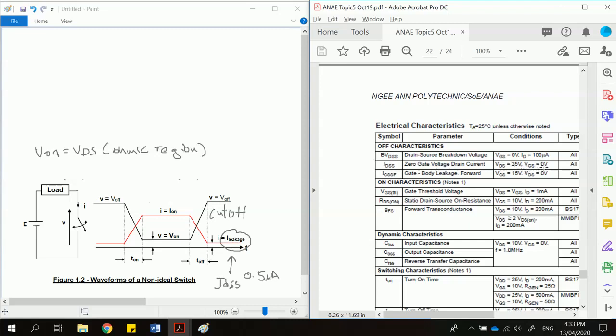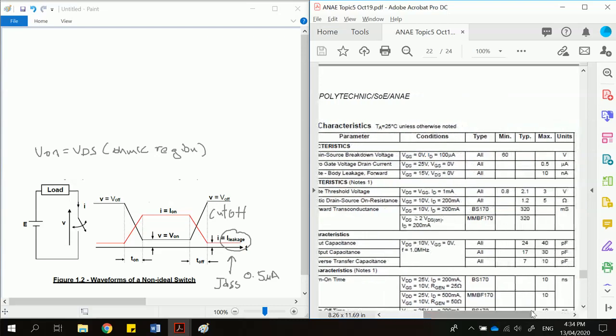Over here it is indicated that VGS is 0 volt, so the switch is off. With the switch off, this parameter IDSS is talking about the drain current, and that is how we know that it is equal to 0.5 microamp. It's a very small value of the I leakage.